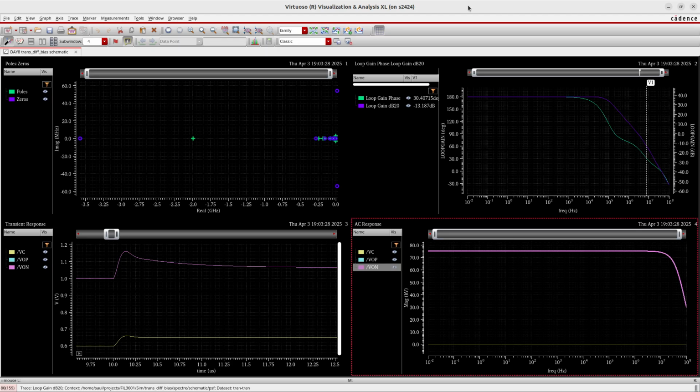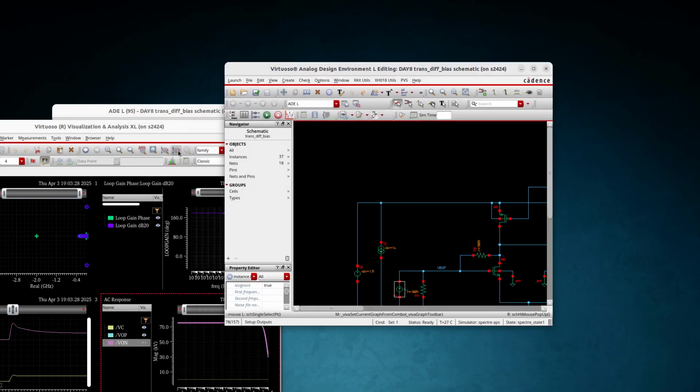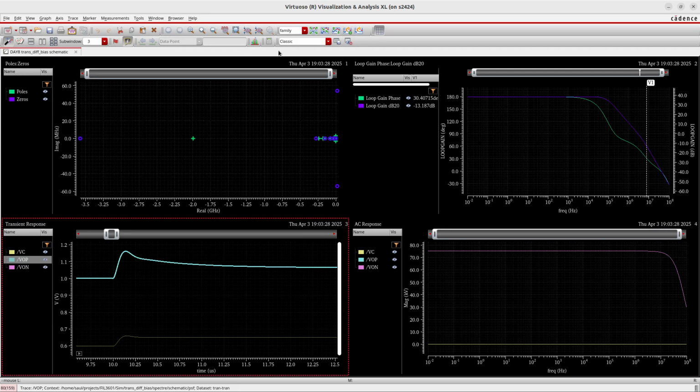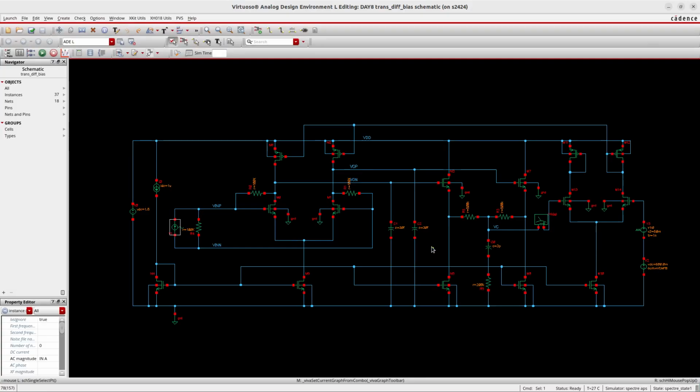Then I just run a transient, but I run a transient on the step because I am interested to know what happened with the stability of my common mode feedback. We can see that the node C is at the output of the average circuit, the one that is coming to the correction amplifier, so basically this is what is coming back to my correction amplifier.